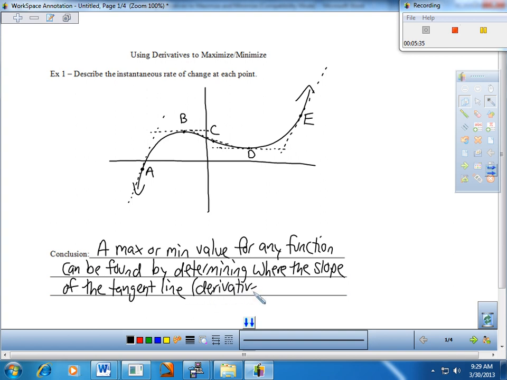So where the derivative is, and there it is, everybody, where it is 0.